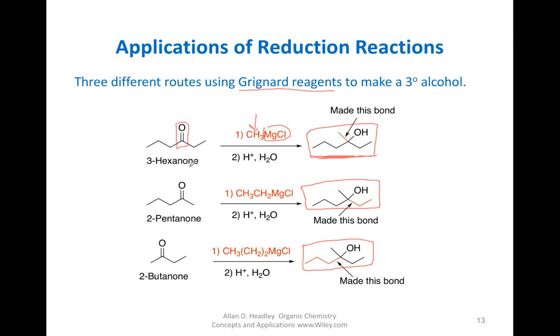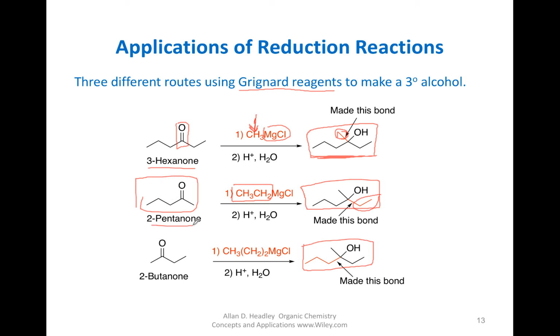The first is, if you make this bond, putting on a methyl group using a methyl Grignard, you would need this as your ketone. If you had this as a Grignard reagent, where you had two carbons, you would need this as your ketone. Notice that this ketone is different from this ketone.